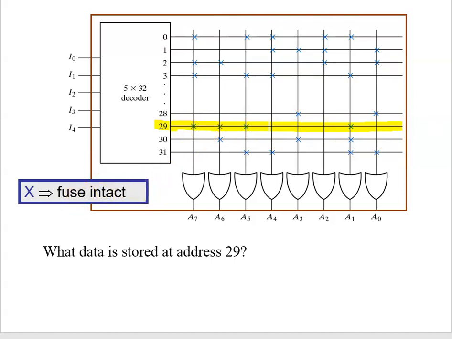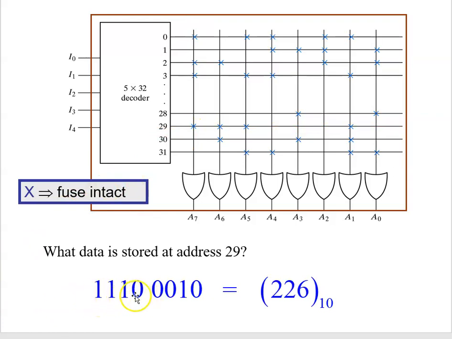So you need to understand that X means the fuse is intact to be able to read this. If you read it incorrectly, that's a systematic error that can be corrected. But if you think about this, what we have here is just a truth table of data of 1s and 0s, and that truth table tells the ROM programmer whether to blow the fuse or not.